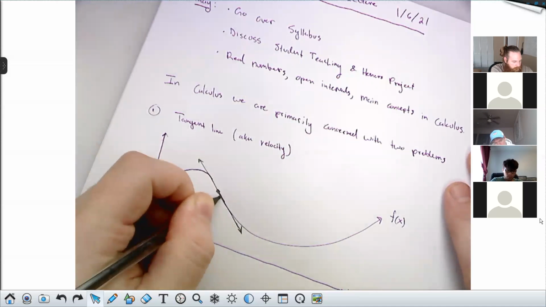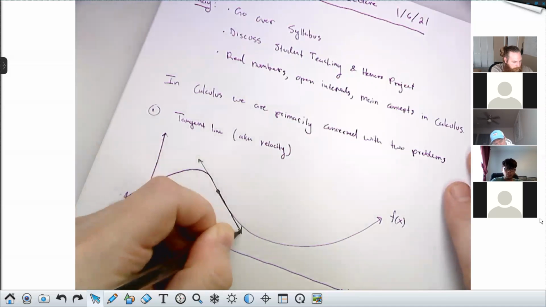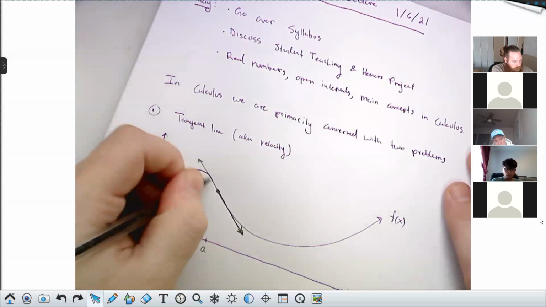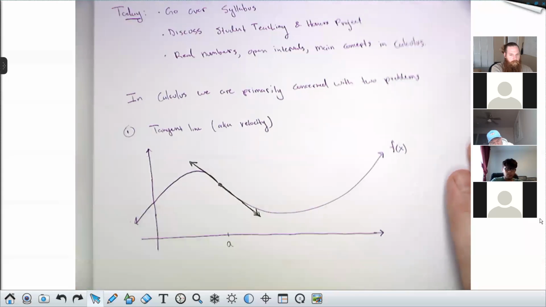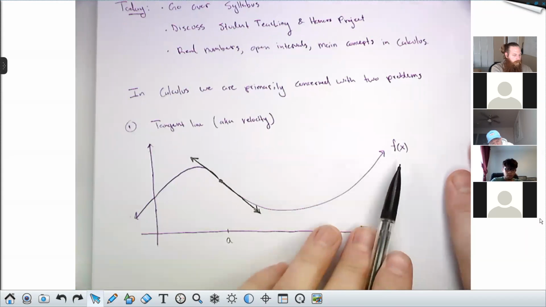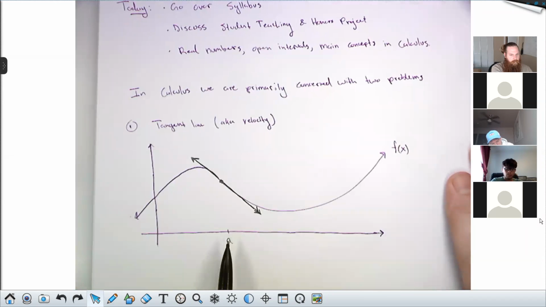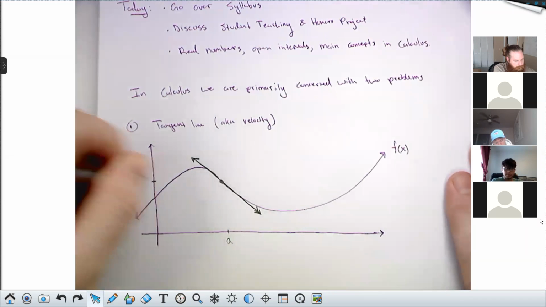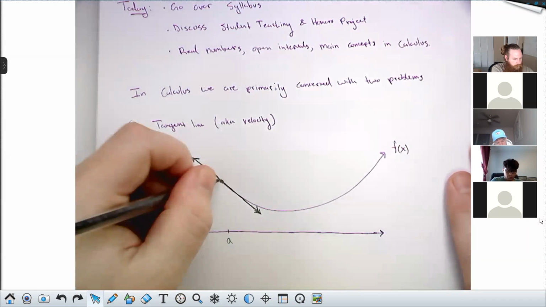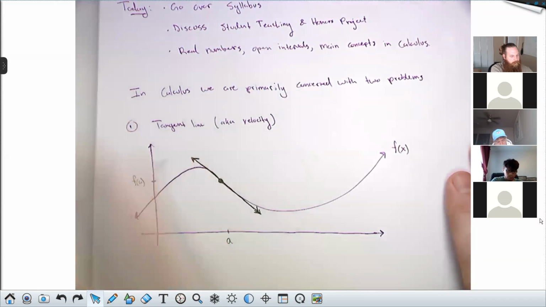So I'm going to add the tangent line here in pencil. Since we're looking along the graph of f of x at the x value a, the y value over here would be f of a. So this point is a comma f of a.